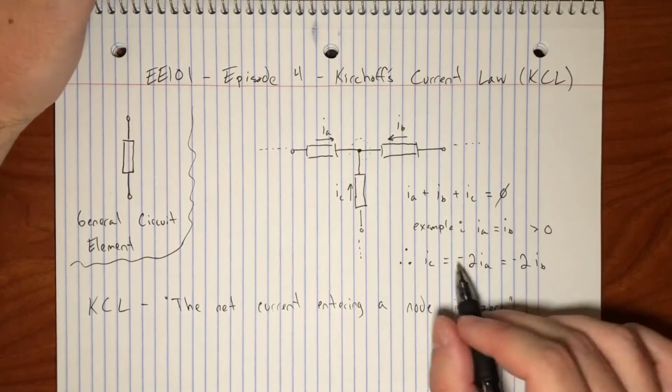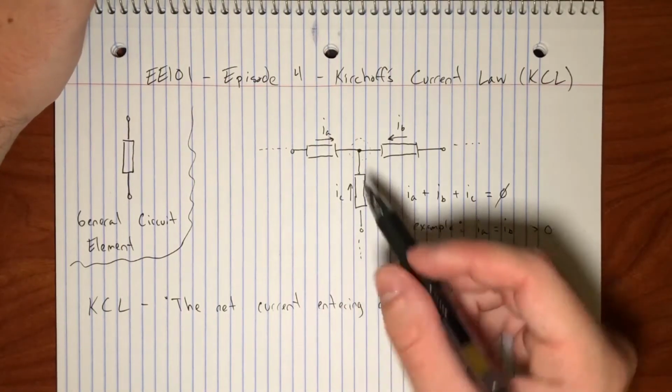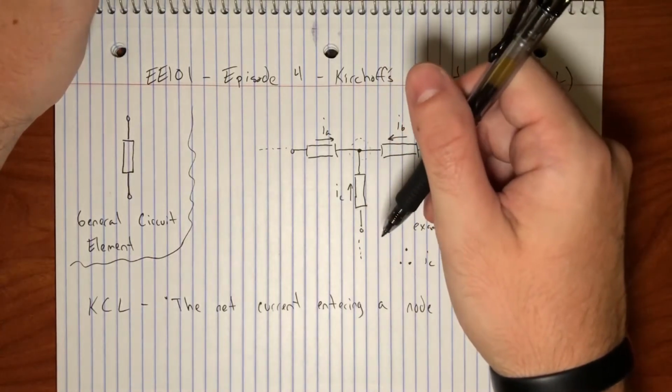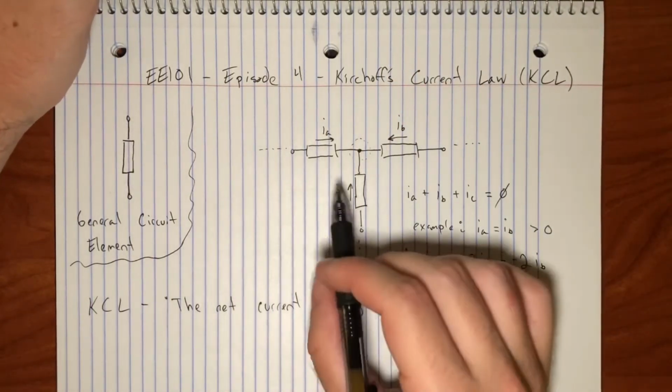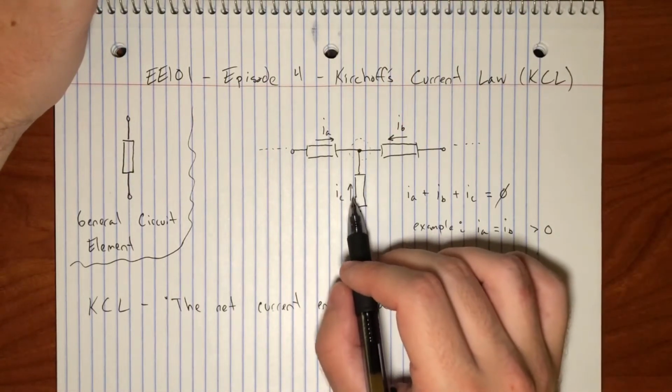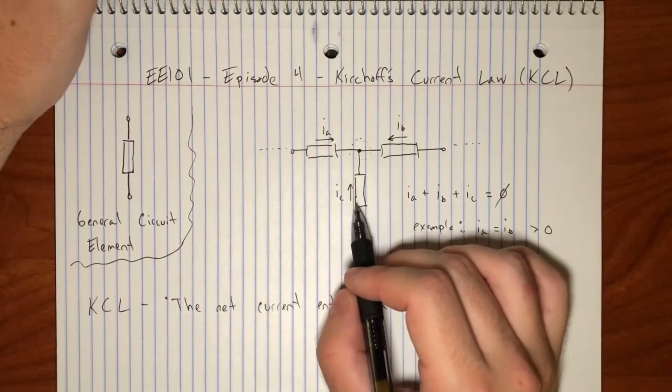And all that minus means is that IC actually flows in the other direction. It's negative with respect to the reference polarity or reference direction that I assigned earlier with this arrow.